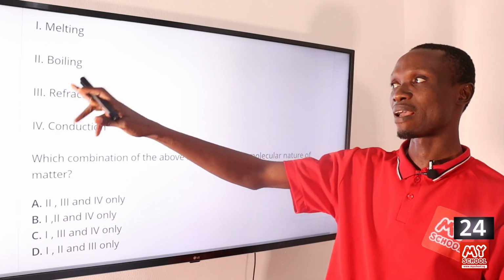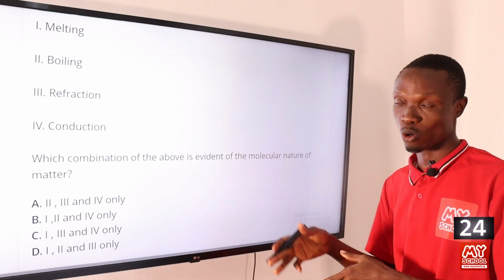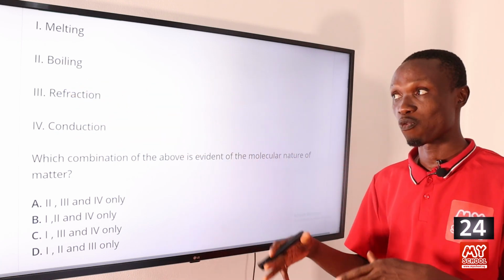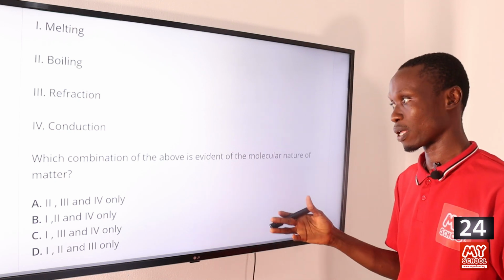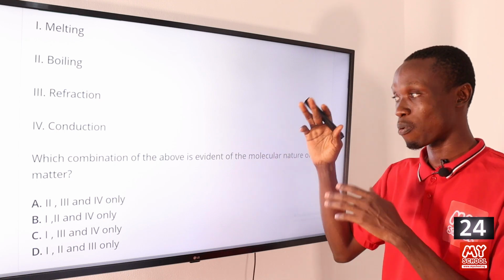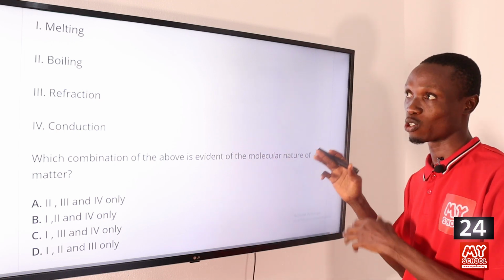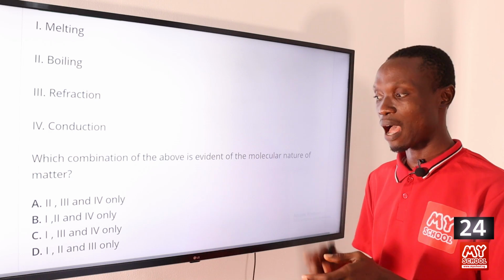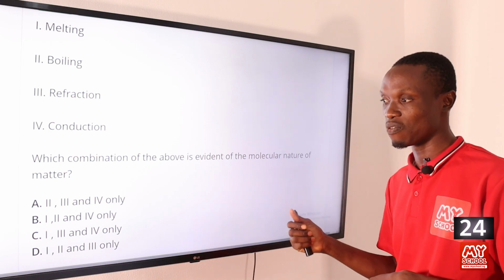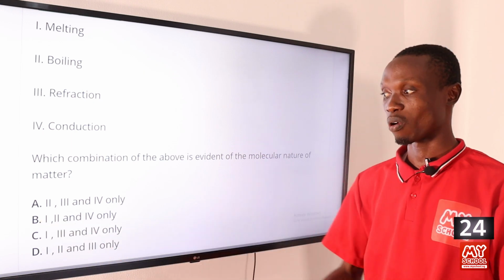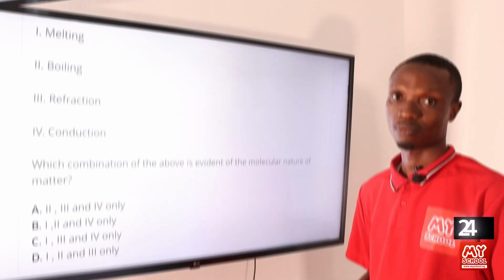While I, which is refraction, is just the bending of a wave as it crosses from one medium to another. So the combination that is evidence of the molecular nature of matter is I and IV, and that makes option B the correct answer to this question.